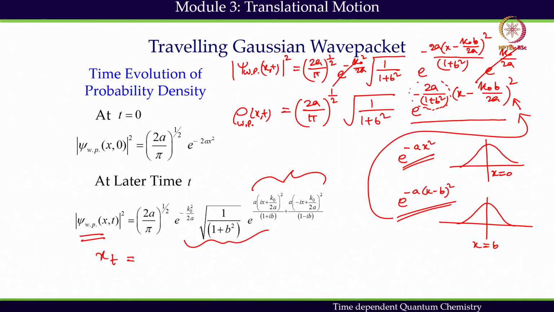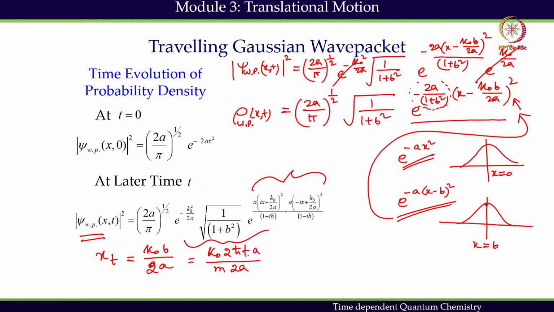x t is nothing but k naught b by 2a. That is where the Gaussian center would be. Previously we have used the b value and a value, which are both known. We assumed that b was 2 h cut t a by m, so this is going to be k naught, and b was 2 h cut t a by m, divided by 2a.